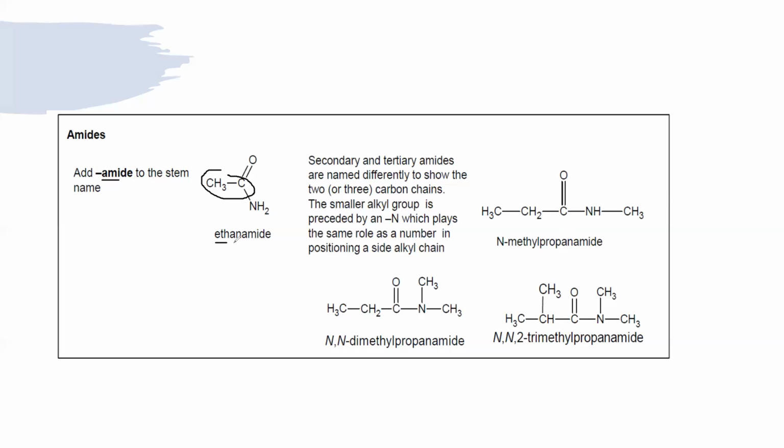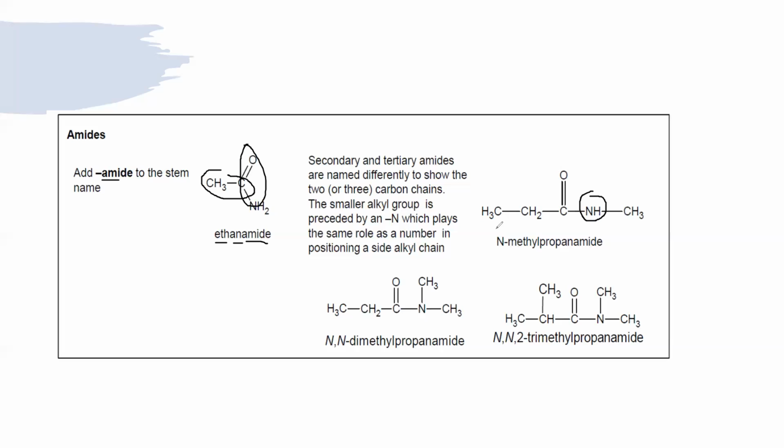The bond between them is single, so an, and because of this functional group, we call it amide. So secondary and tertiary are different, for example, if two carbon chains are there, that is secondary, if three are there, then tertiary. So how do we name this?